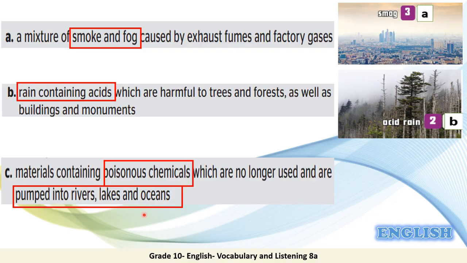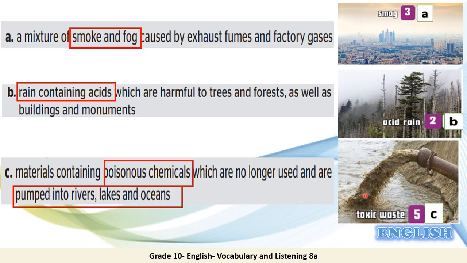The answer is toxic waste. As you can see here from this picture, the toxic waste is being pumped into the river, or maybe this is a lake or an ocean. And toxic waste has poisonous chemicals that are harmful.